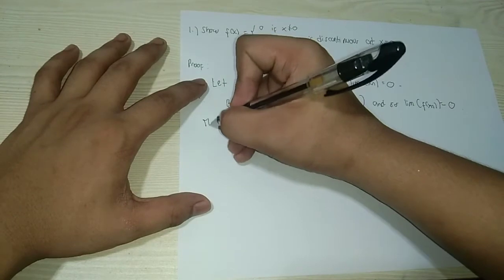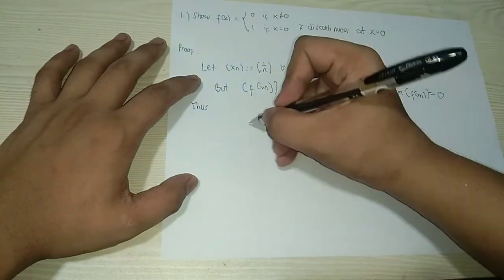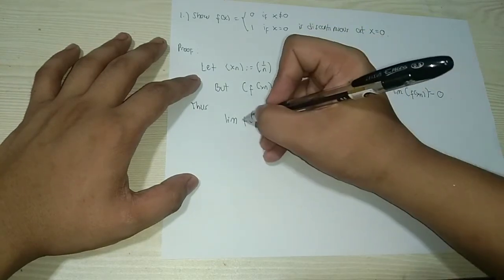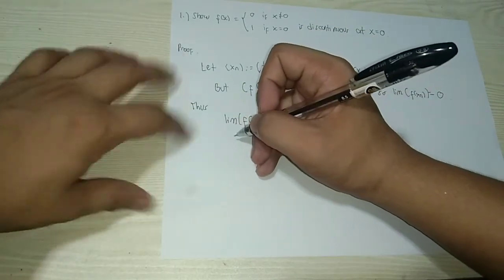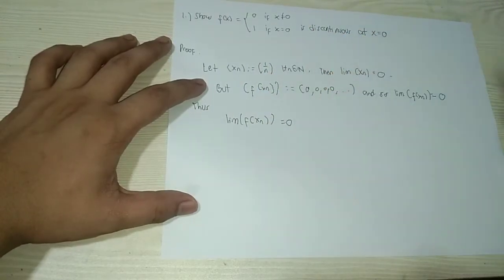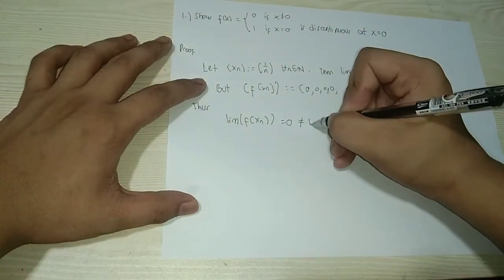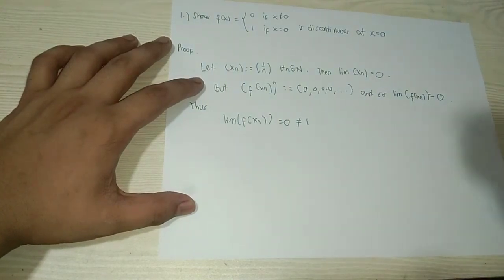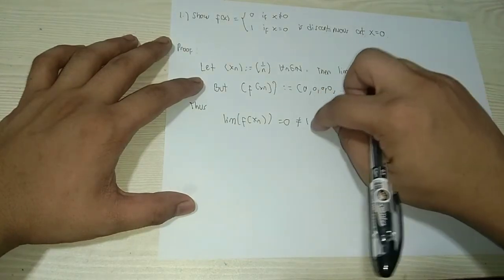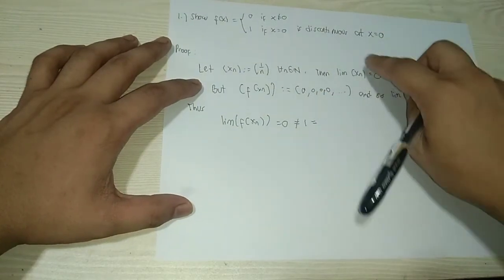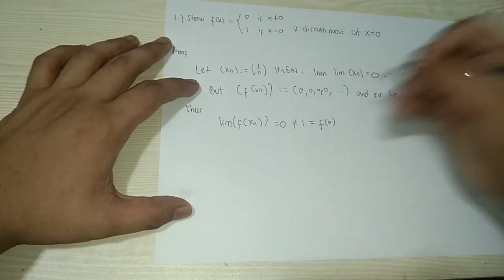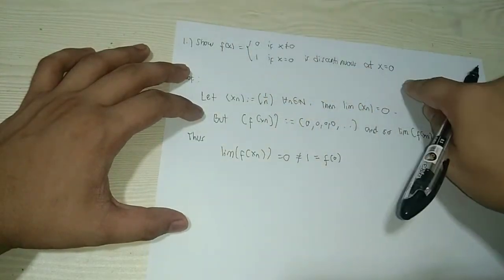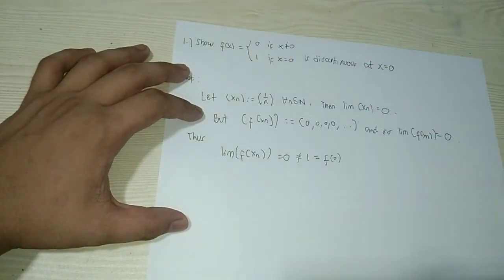Therefore, the limit of the sequence f of x sub n is 0, which is not equal to 1. So why does it need to be equal to 1? Because this 1 is the value of f of 0. When you substitute x in f of x, since x is 0, the value is 1.